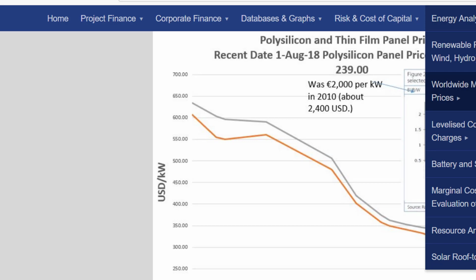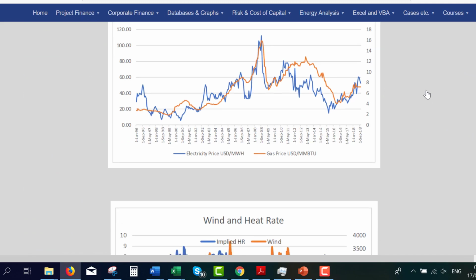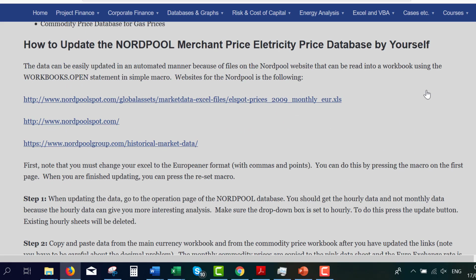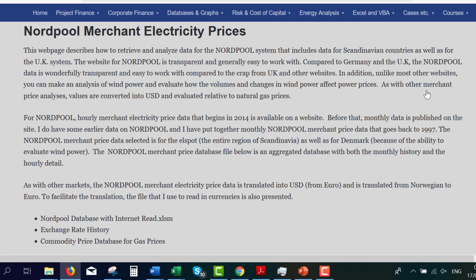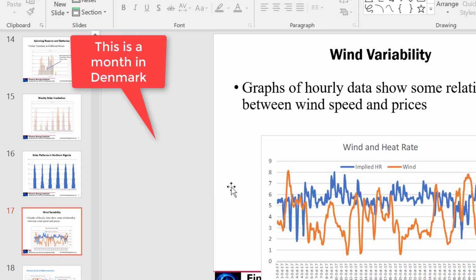And then somewhere down here, I have Nord Pool prices, and I try to explain how you go to these websites, you get the data, and how you update the data. And obviously, I'm not finished with putting a little video on how you update the data for different places.